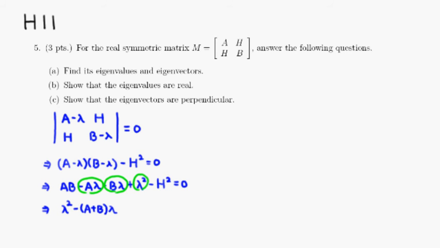Then the rest is just the constant term. We have AB and a minus H squared. So plus AB minus H squared is equal to 0. So we have that.